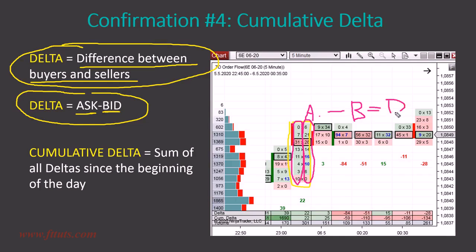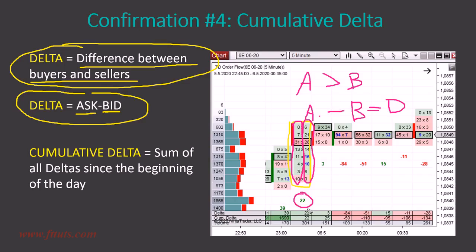This gives you delta. In this case, it was 22, which means delta was positive, which means that the volumes traded on ask were bigger than the volumes traded on bid. Simply put, buyers were more aggressive than sellers.